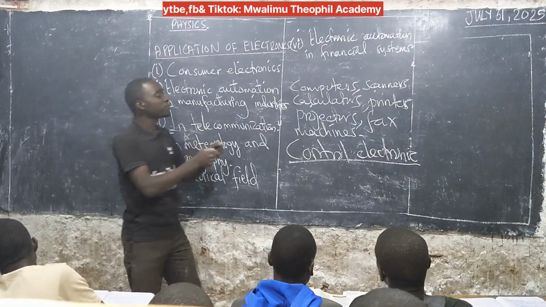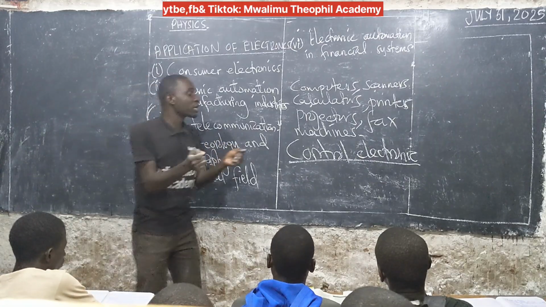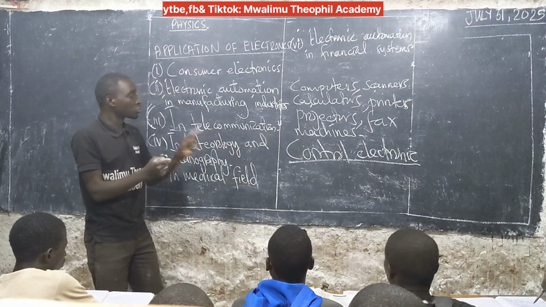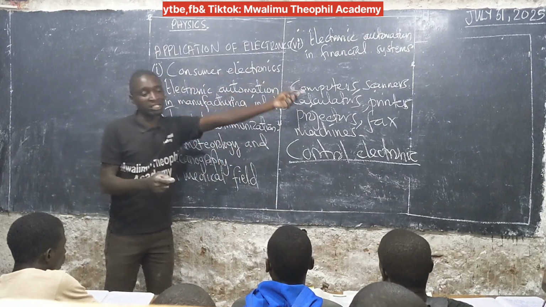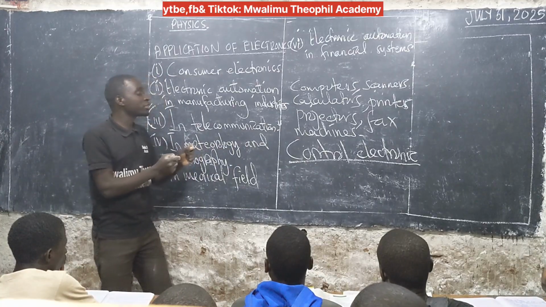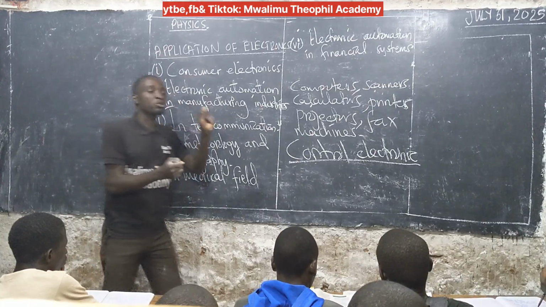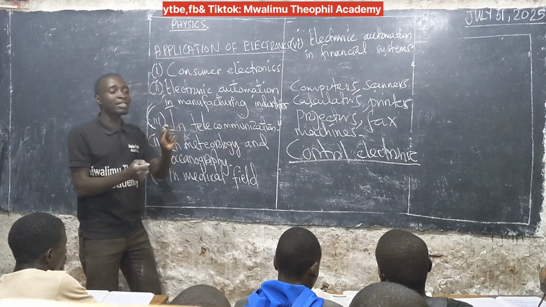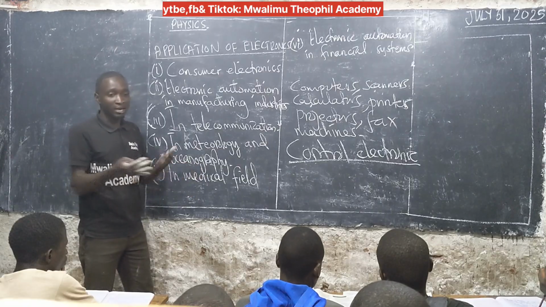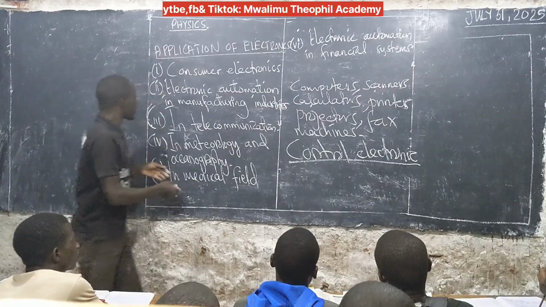These are devices controlled by someone somewhere without physical contact, and when he or she controls them, they work automatically, so that difficult and dangerous work is manageable by someone who is not there physically. Are we together? Yes. Okay.